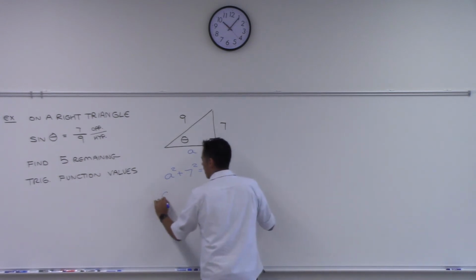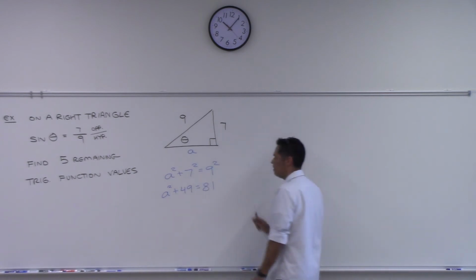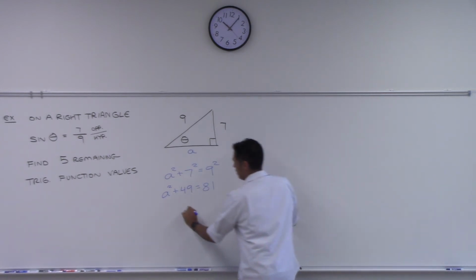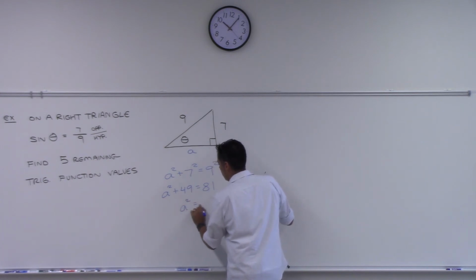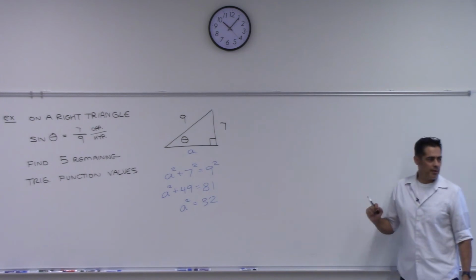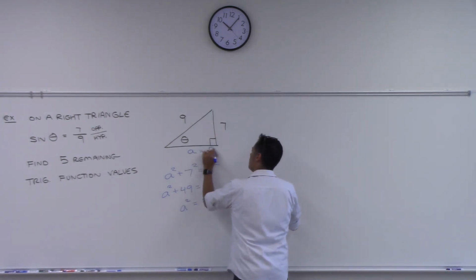And that means A squared plus 49 equals 81. Subtract from both sides. A squared is, what is that, 32? So A is the square root of 32. So I'll just put that here, root 32.